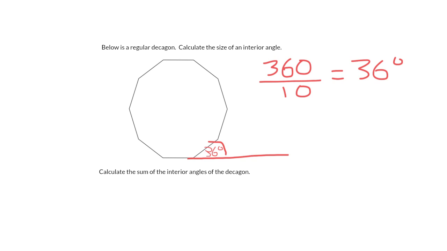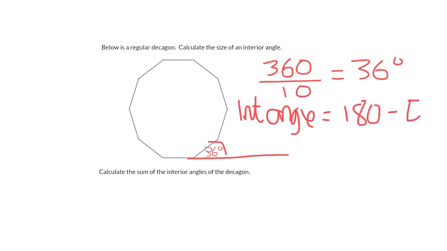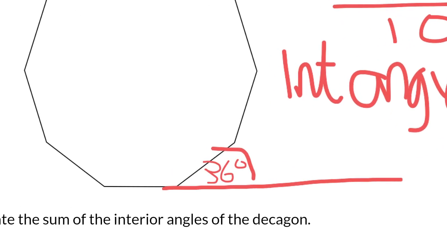Now to find our interior angle, we do 180, take away the exterior angle. So it's 180, take away 36. So I know my interior angle here is 144 degrees.